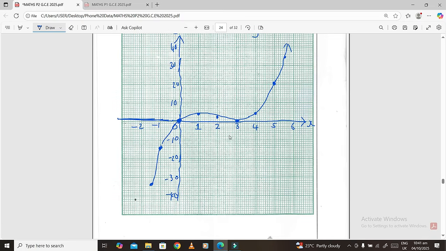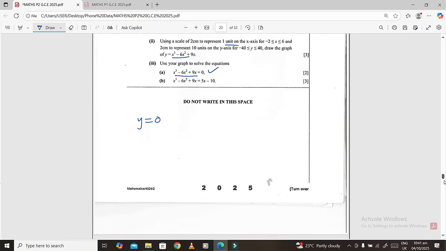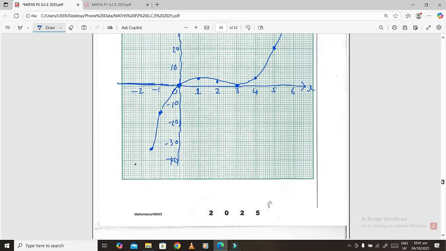So we can say on the graph paper, question 3a, this is x is equal to 0, x is equal to 3. So there are only two solutions, here and here.